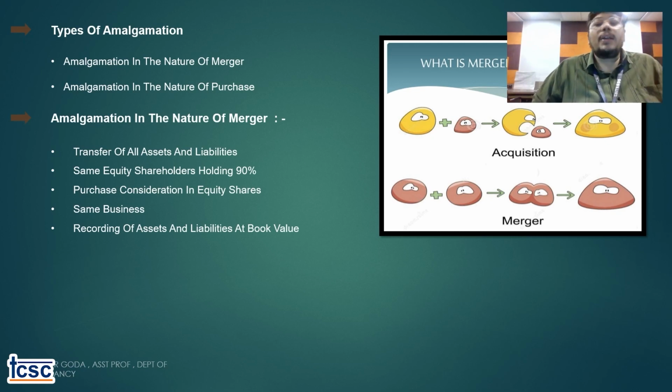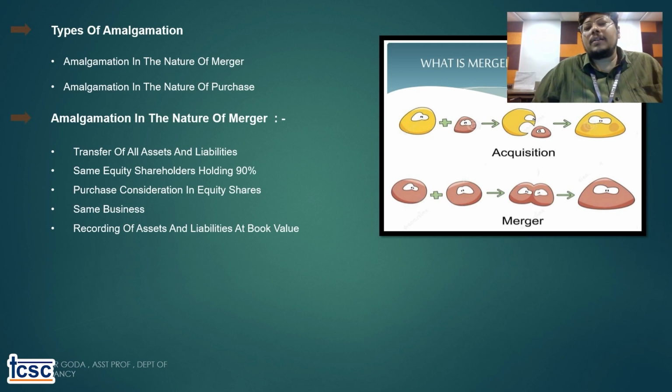Second, we require 90% of the equity shareholders' sanction for converting an existing firm into a new firm. That is, a company gives its full consideration to converting an existing company into a new company. So 90% of the shareholders are required for the sanctioning under special resolution.